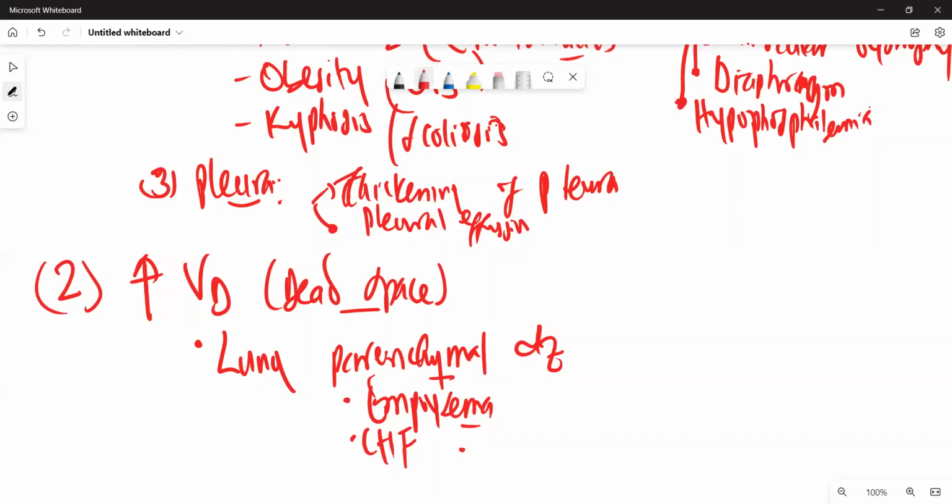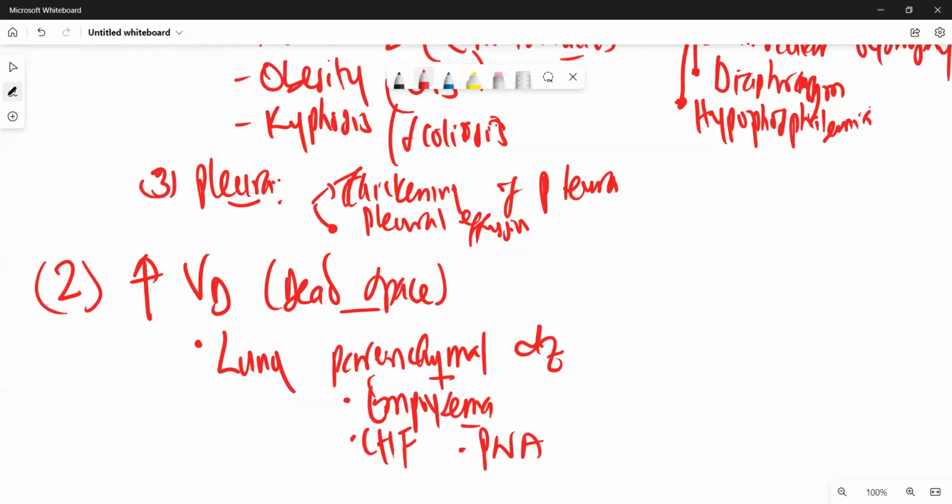And of course, same thing with pneumonia, for a similar reason. Those alveoli are filled with inflammatory cells, and as a result there is also decrease in diffusion in that area, so the gaseous exchange there is going to be affected, and the gas in that area will basically be dead space.